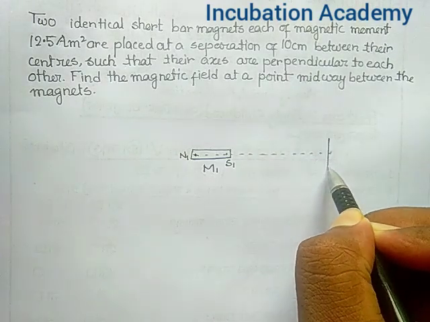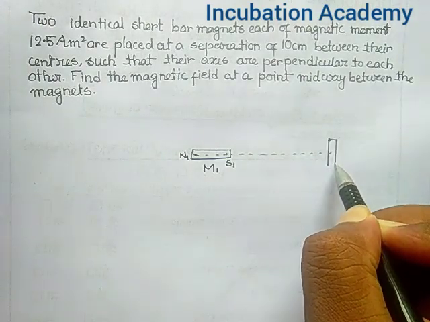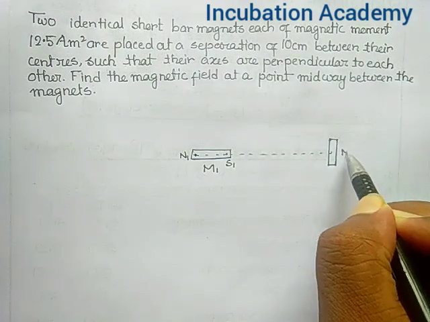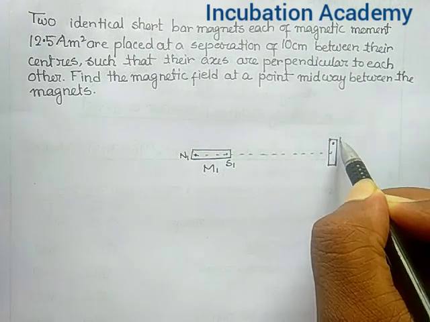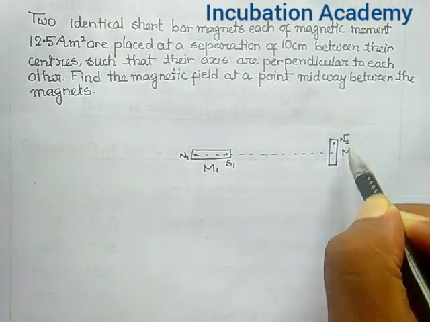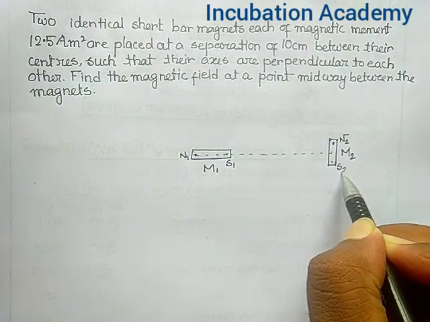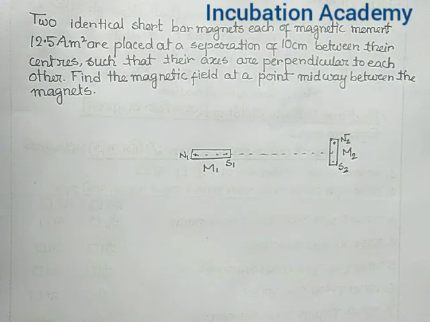That means another bar magnet is placed like this, that is, we can say M2. This is the north and this is the south pole of M2. Their axes are perpendicular to each other.